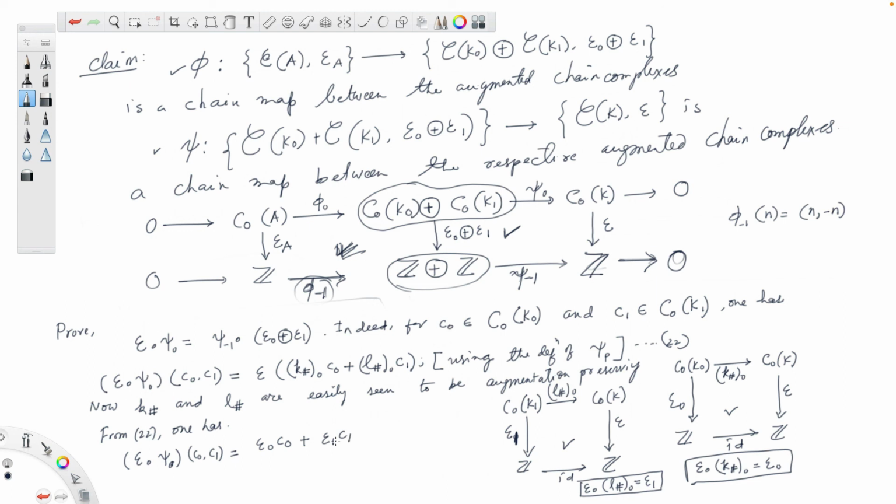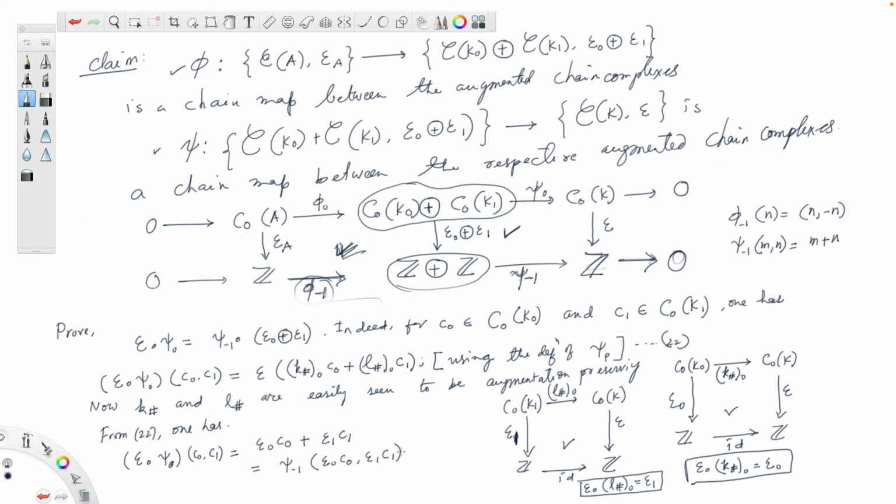So from the definition of psi minus 1, psi minus 1 acts on a pair m comma n and spits out an integer which is m plus n. This is how psi minus 1 is defined. So this is psi minus 1 acting on the pair epsilon 0 c0 comma epsilon 1 c1.